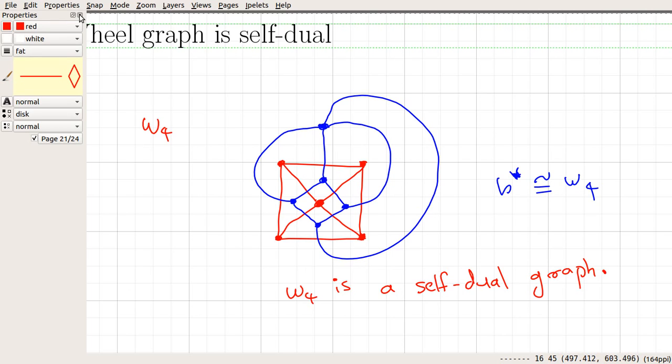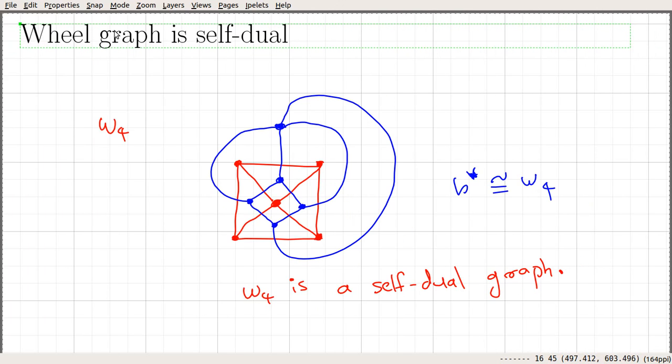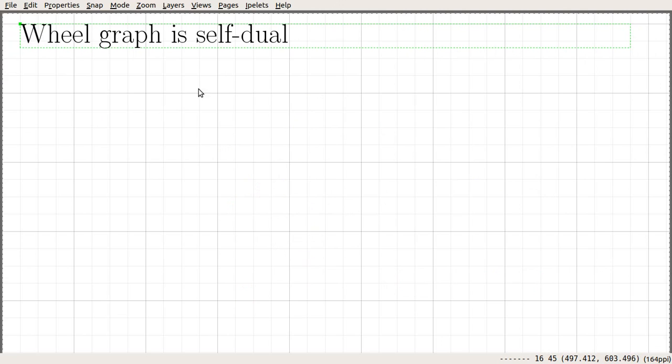Okay, and let's go and prove the general statement: Wn, the wheel graph on n plus 1 vertices, is self-dual. So let's prove this.